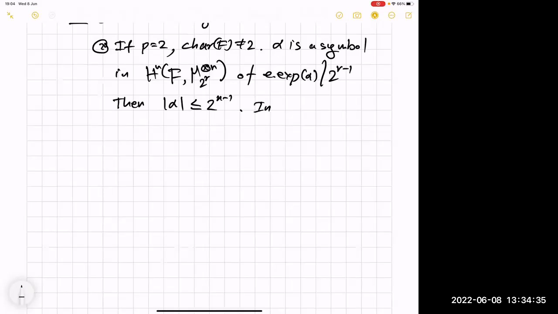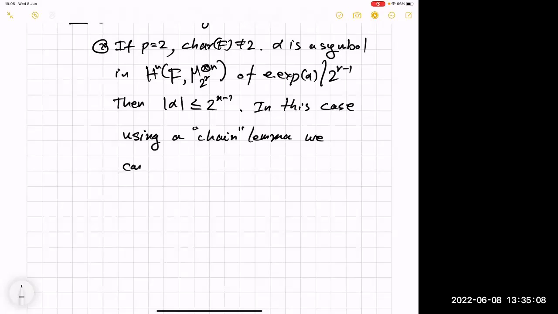In this case, using a chain lemma, I'm going to write it with these guys because it's not the usual chain lemma, but we adapted it somehow to get some kind of a chain lemma. I was able to use this to bound, I should say we can bound.